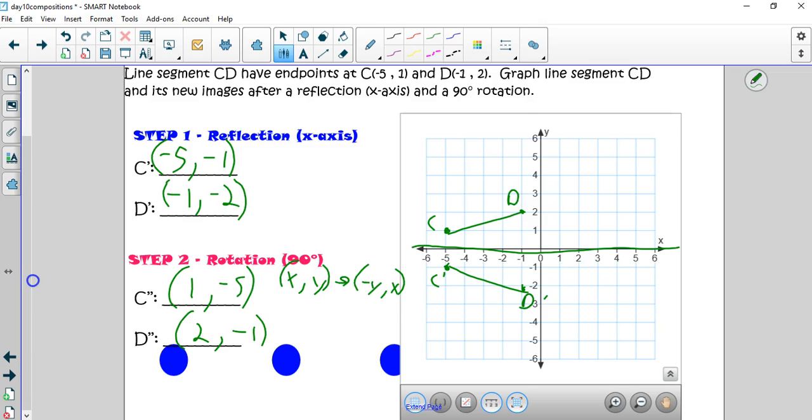Which makes sense because we want to end up in this quadrant, so we're going to go right 1 and down 5. That's C double prime. And 2, -1, that's D double prime. So if you can kind of imagine this rotating that way, 90 degrees, you can imagine it rotating into that position.